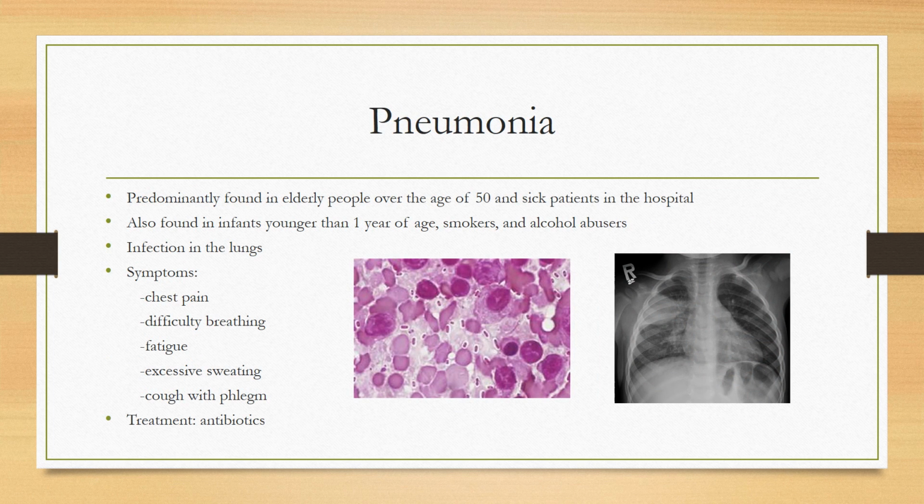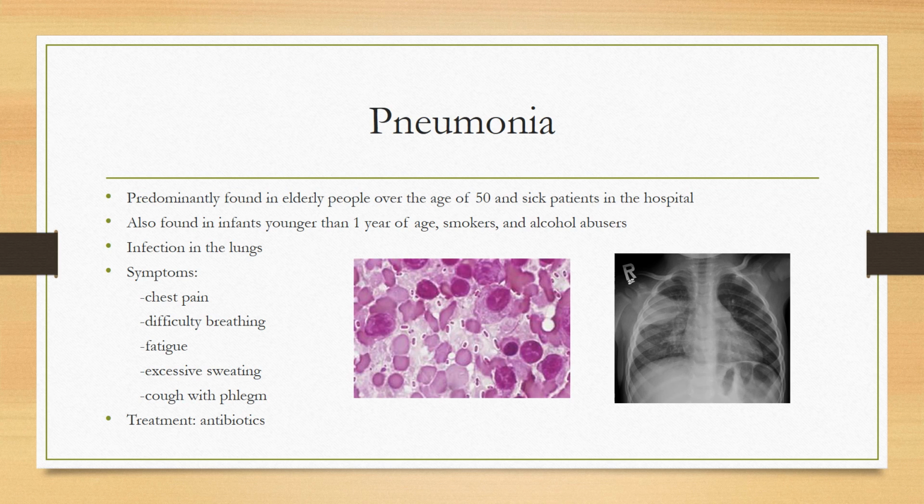Pneumonia is predominantly found in elderly people over the age of 50, in sick patients in the hospital, and is also found in infants younger than the age of 1, in smokers and alcohol abusers.